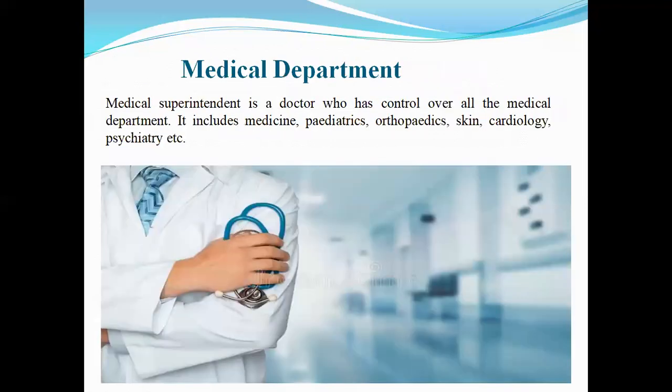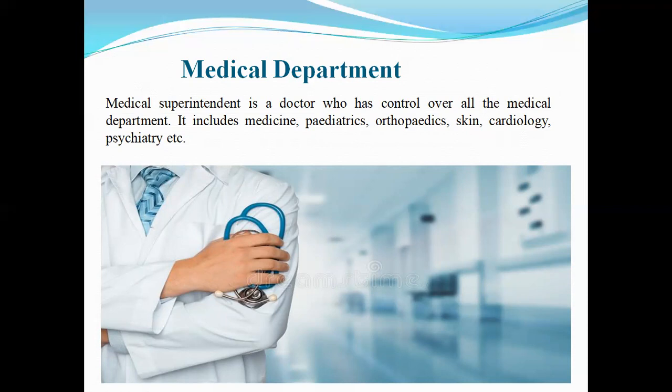So let us come to the medical department of a hospital, which is the primary department of a hospital. In this department, there is a medical superintendent, a doctor who has control over all medical departments. In many places he will be called a hospital superintendent.